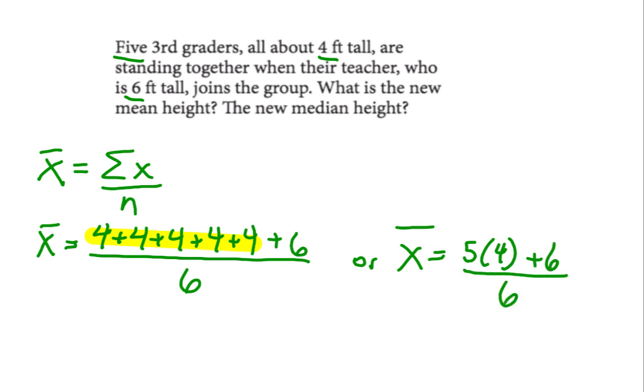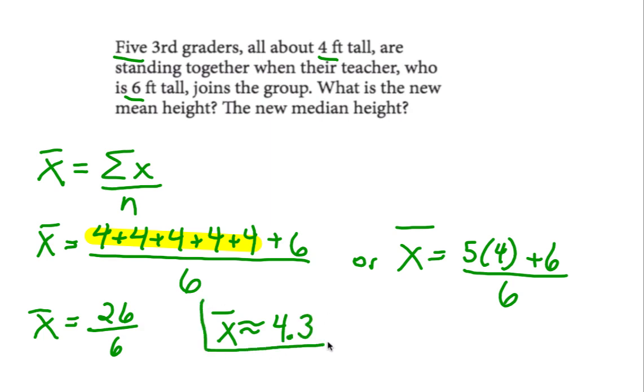I don't care which way you write it. So let's actually do the math. 5 times 4 is 20, plus 6, we got 26, divided by 6. Therefore, our mean is approximately 4.3. So our mean went from 4 up to 4.3.